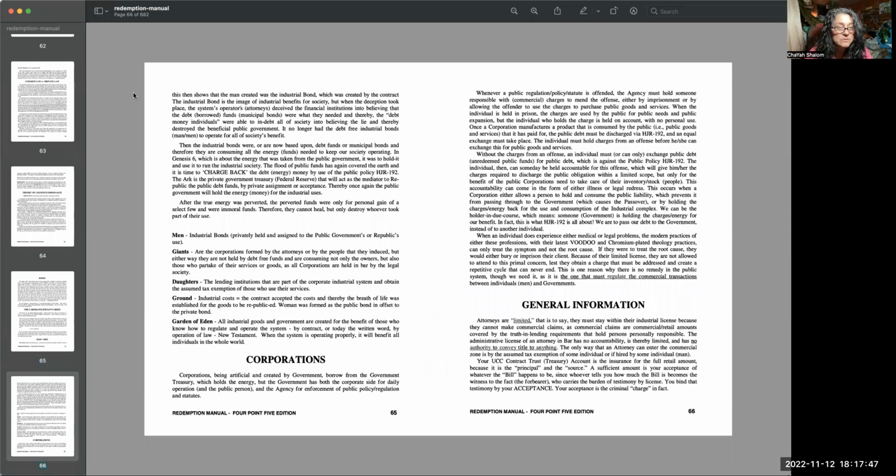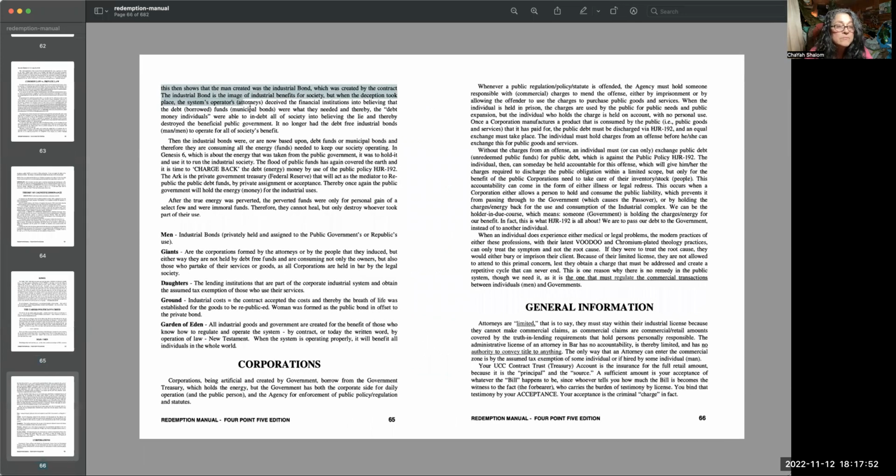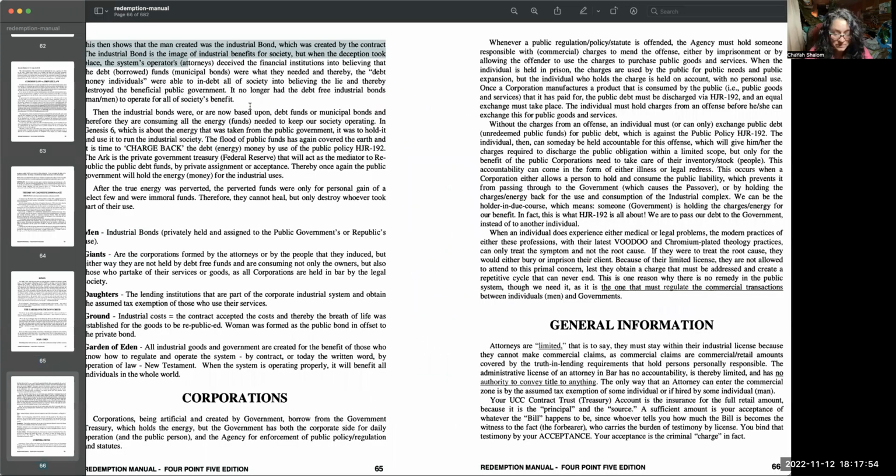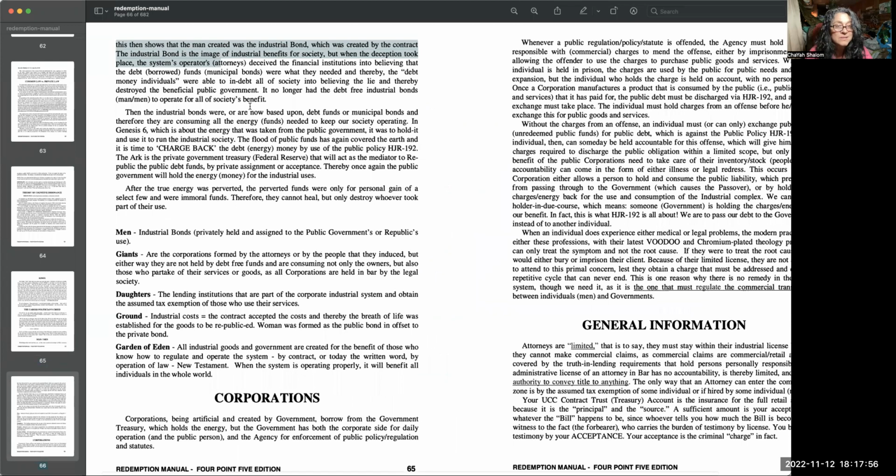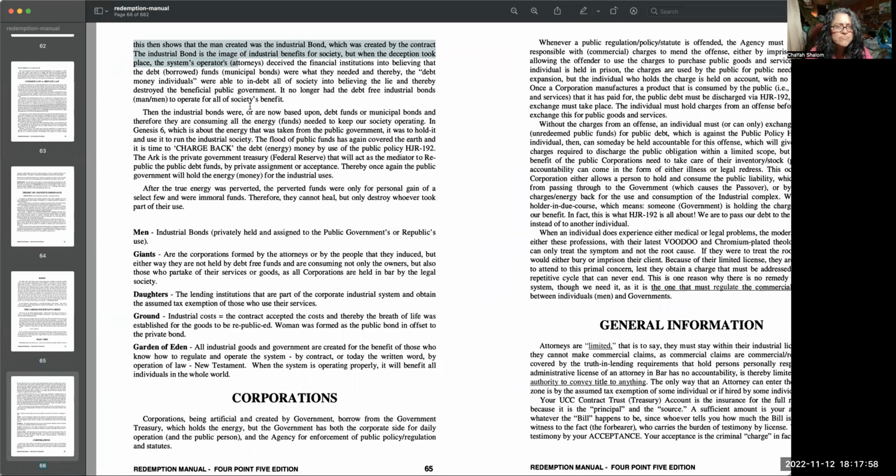This then shows that the man created was the industrial bond, which was created by the contract. The industrial bond is the image of the industrial benefits for society. But when the deception took place, the systems operators, attorneys, oh, hang on a second.